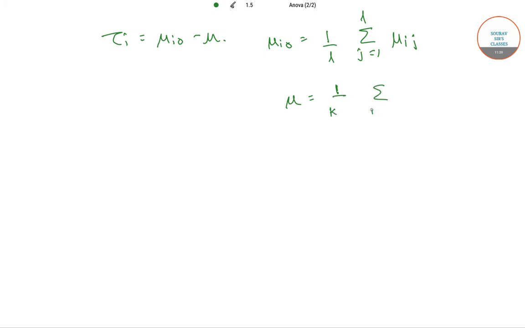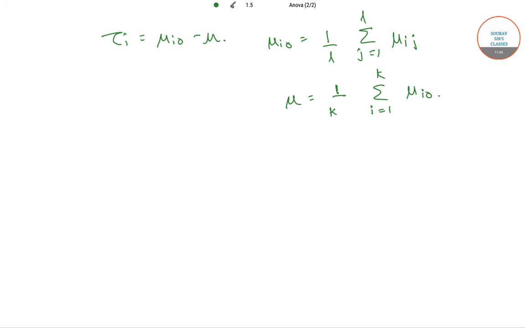We have tau i equal to mu i naught minus mu, where mu i naught is equal to 1 by L summation j runs from 1 to L mu ij, and mu is equal to 1 by k summation i runs from 1 to k mu i naught.